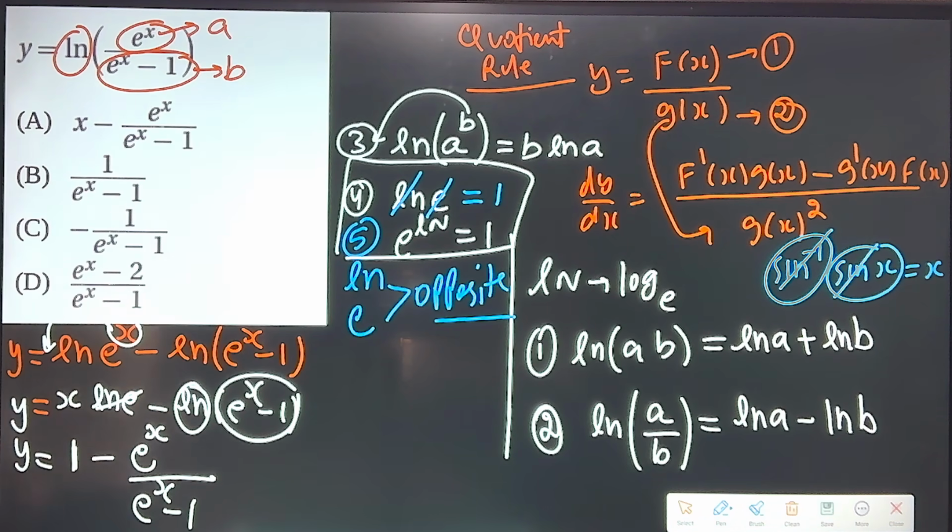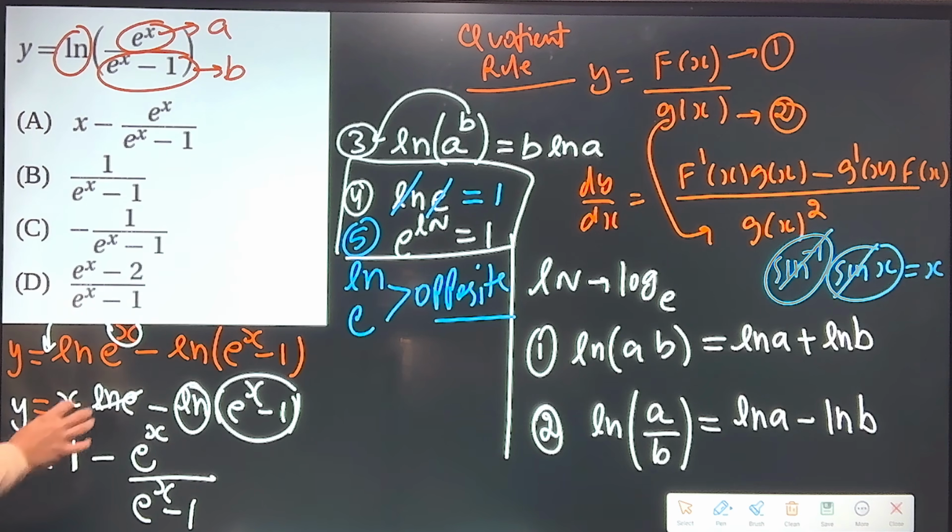Now some students can say that this answer is not matching, but before that we need to take the LCM. Some students can also say that this is correct, the x part will be there, and they can go for option A, but option A is wrong, because in option A we have x, but we need to do the differentiation of x also.